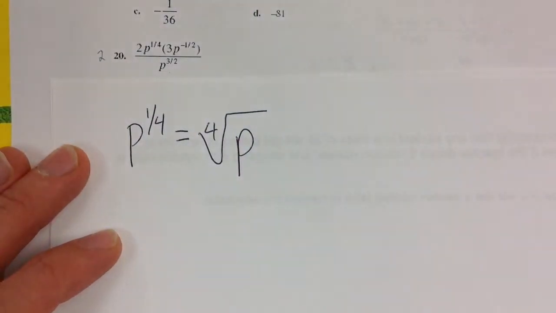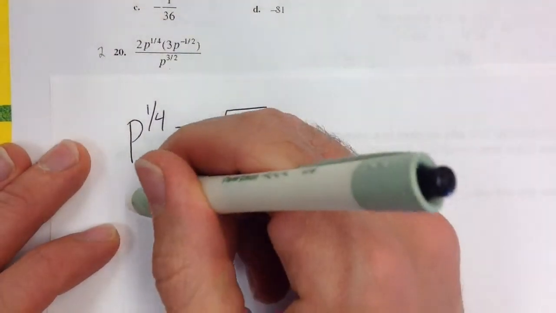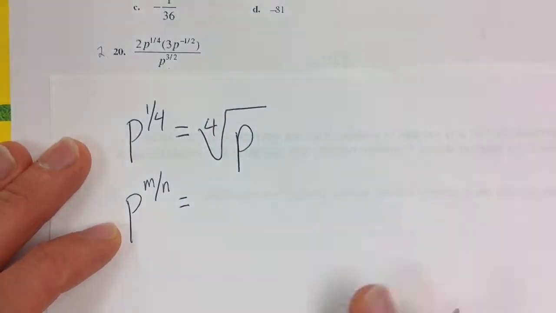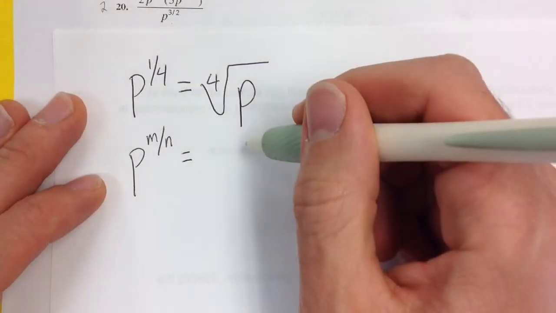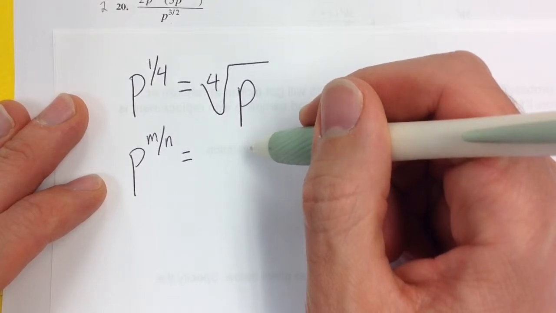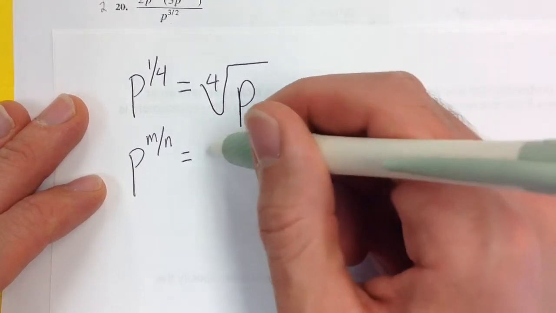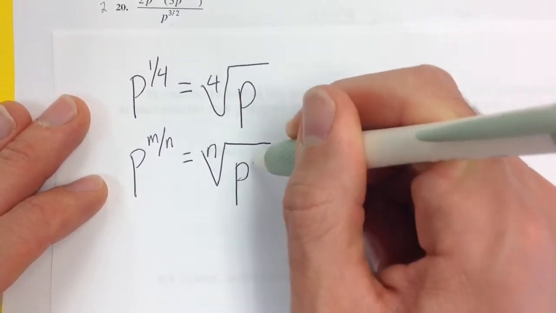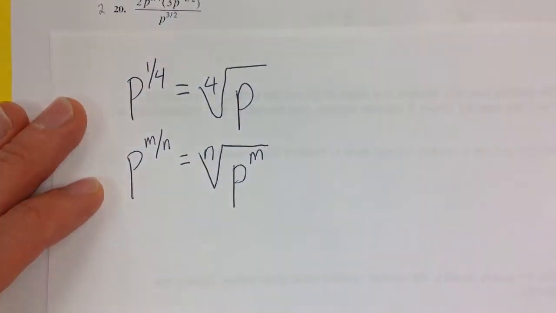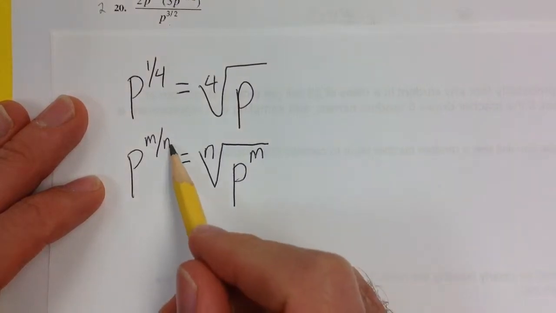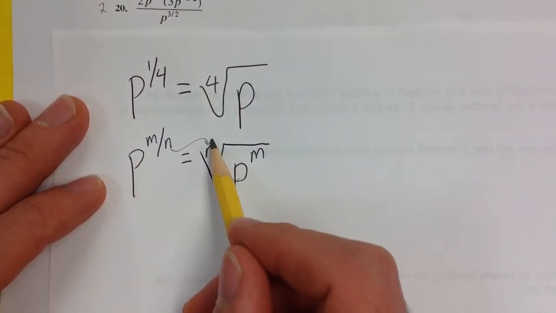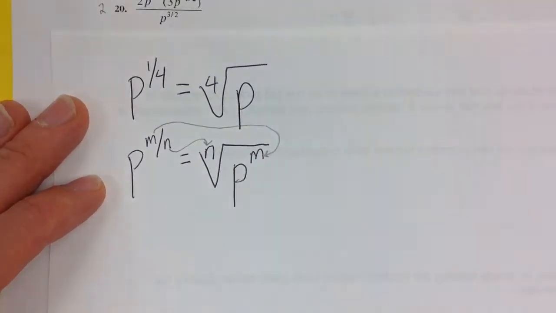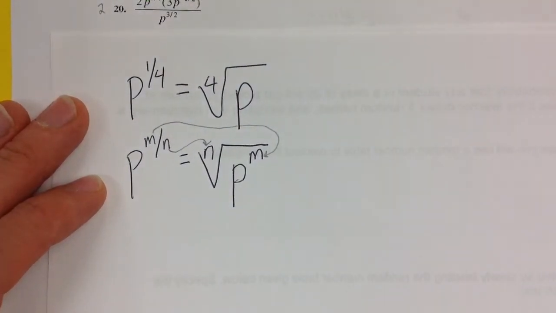It means the 4th root of p. Therefore, if you have p to the m over n, what is that? Index of n, radical p. Good. The nth root of p to the m power. The denominator becomes the index of the root, and then the numerator becomes the power underneath the root. It's just definition.